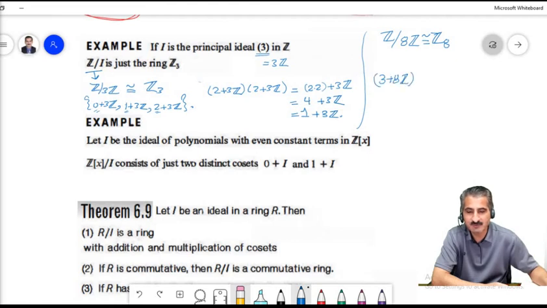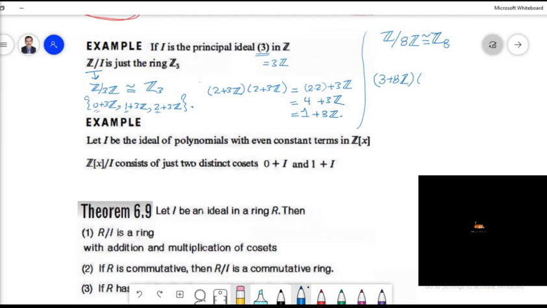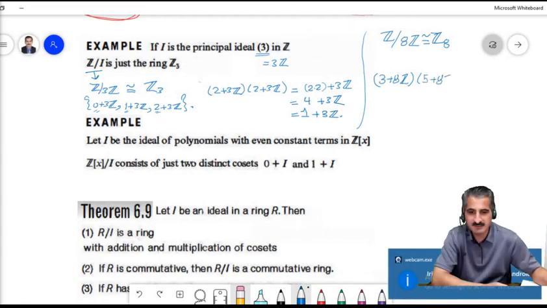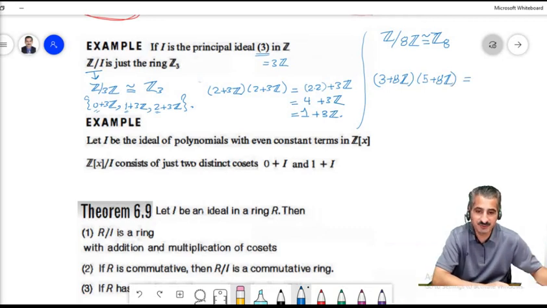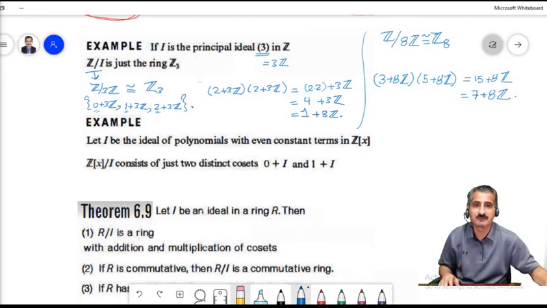What if we multiply 3 plus 8Z times 5 plus 8Z? We get 3 times 5, which is 15, plus 8Z, but we know 15 modulo 8 is 7. Okay, so these are examples of multiplication of cosets.